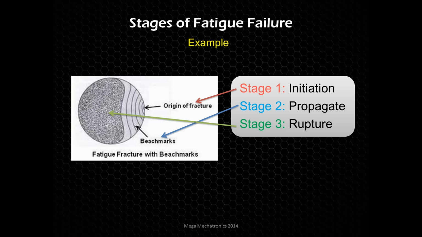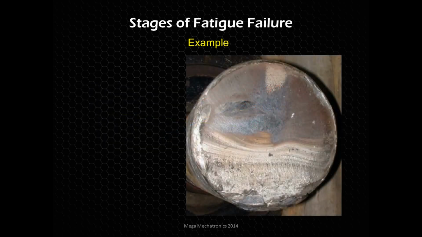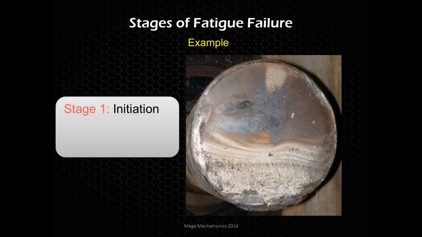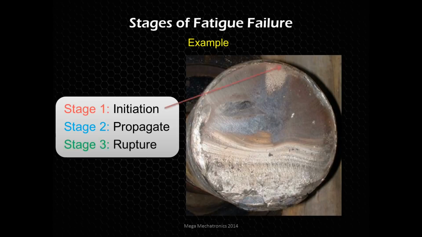Starting from the origin, it's getting bigger and bigger and bigger until we reach the rupture stage, where the part completely fails. So let's look at a picture here, and we can almost see, if we follow the beach marks that we could visibly see in this picture, we can almost get a good idea where that origin was. Around here. And then we're propagating over time. And you could tell it was over time because there's rust.